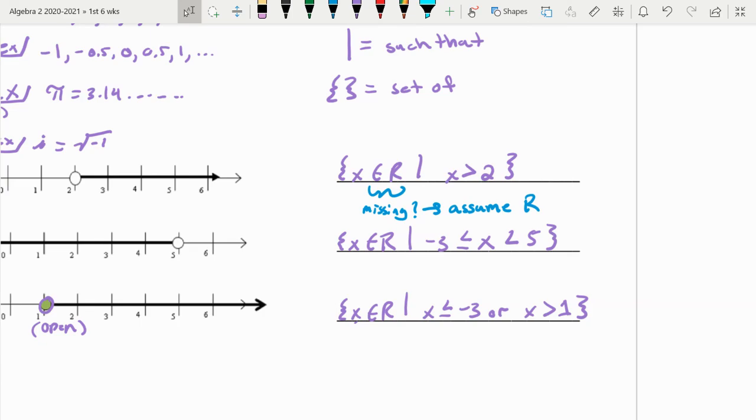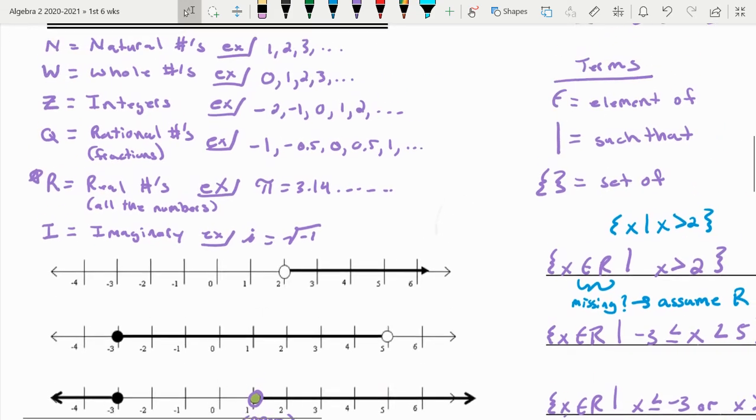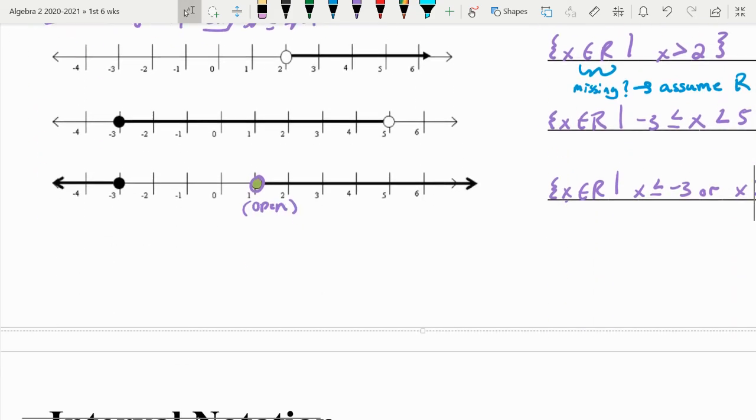A lot of times they'll write a shorthand like this: squiggly x such that x is greater than 2. Sometimes they'll write it like that. And when the real number part is missing, you're assuming real numbers. So if it's not declared, assume real numbers. That's why it's starred. That's the one we're going to use the most. But these other number systems do have a place.